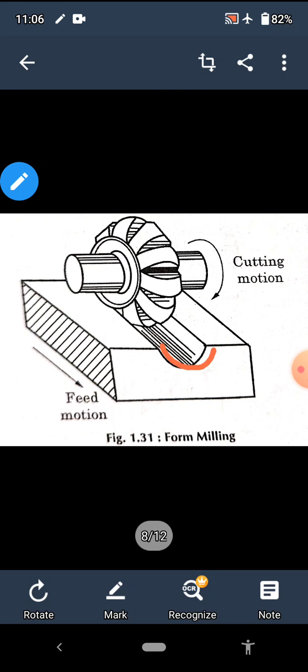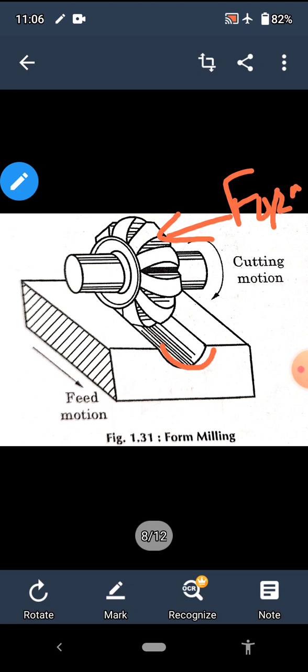The cutter used in this case is called a form milling cutter, F-O-R-M, and it has the same profile or shape of its cutting teeth which is to be produced on the surface of the workpiece.